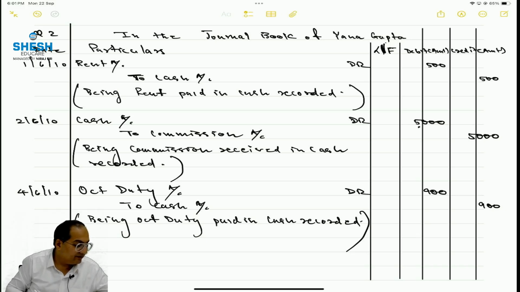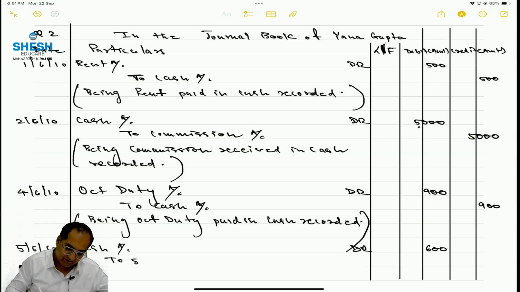Received salary 600. Okay. On 5th of June, cash account debit. How much? 600 to salary account 600. Now please pay attention.